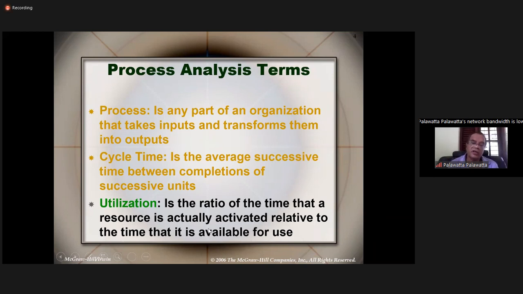So let's say a particular machine is available 24 hours, and we use 2 shifts, 8 hours and the other 8 hours. So 16 hours. Then 16 divided by 24 is about 66%, a ratio of 0.66 or 0.67, and that is the utilization.